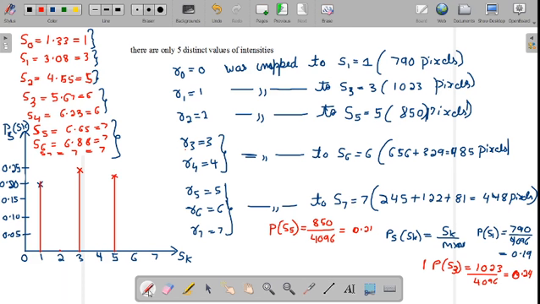Next, there is the sixth element. You need to take the probability of S6. So how many pixels are there? 985 divided by 4096.